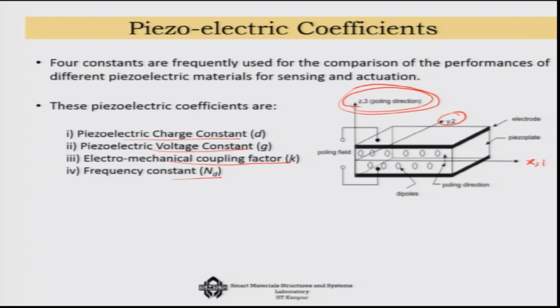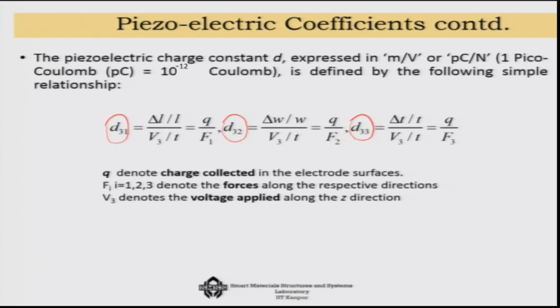You are applying stress along the 3 direction and getting voltage from the 3 direction, or you are applying voltage along the 3 direction and getting deformation along the 3 direction, which is used in the piezoelectric stacks. d31, as you can see, will finally have a unit of charge over force, or you can also have the unit in terms of meter per volt.